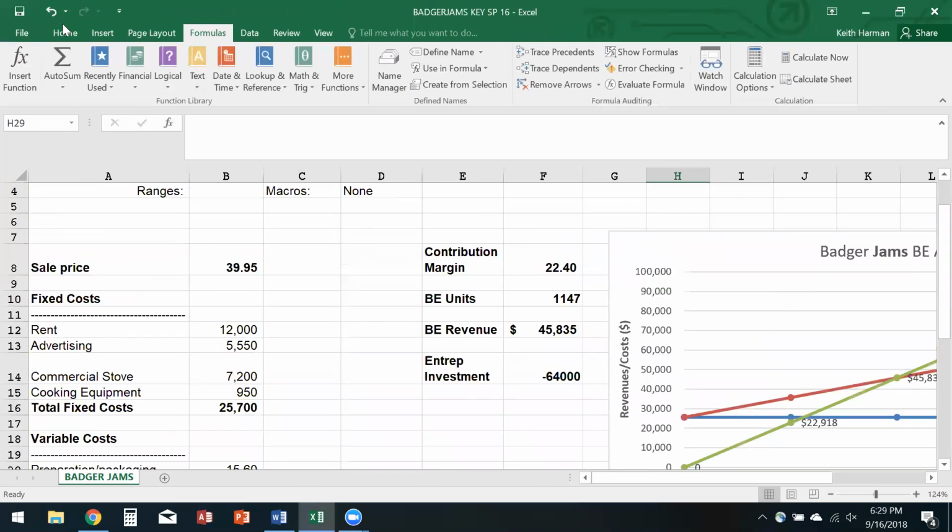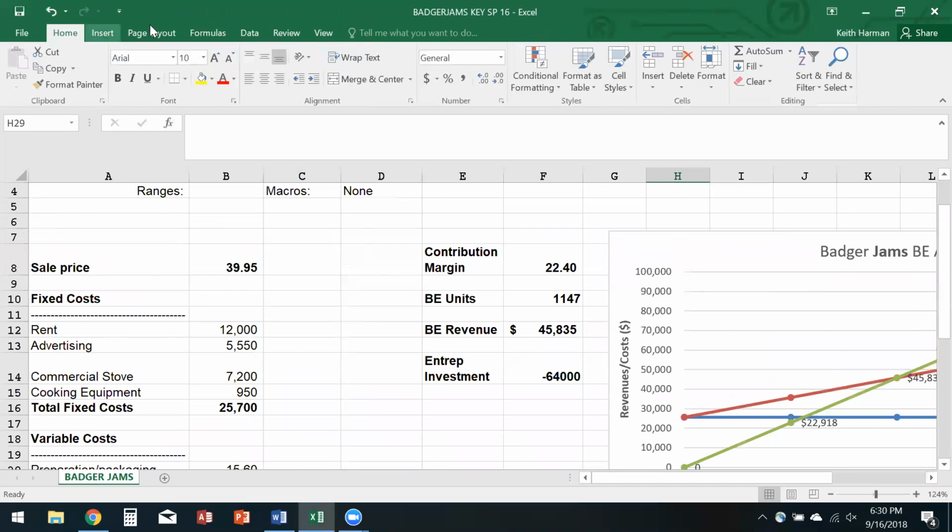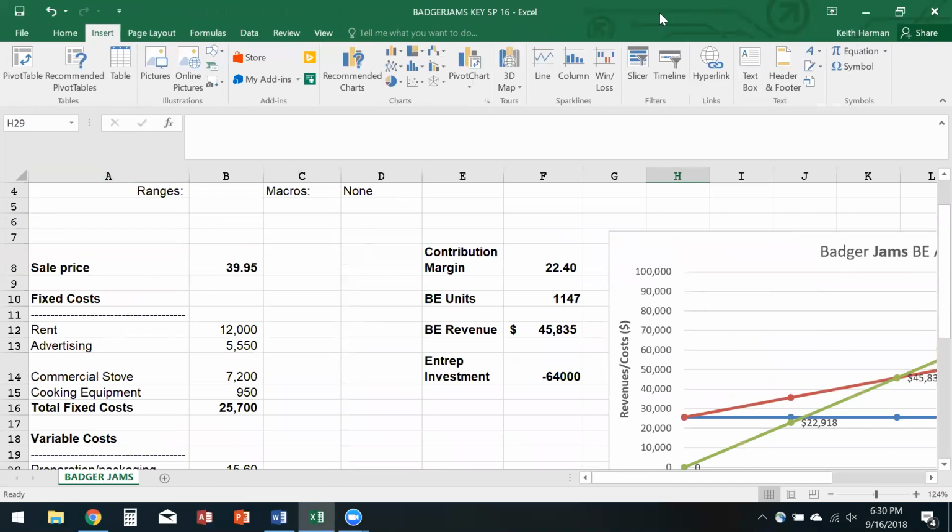So if I want to chart these data, all right, I can click insert, and we'll come over and we'll start to do the charting. All right, and they're going to give us some recommendations in terms of the tables.